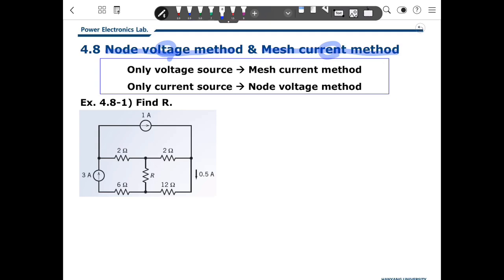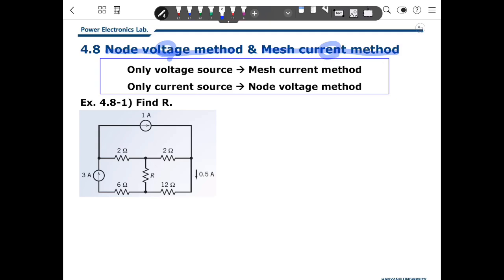Based on node voltages or mesh currents, we rewrite the element voltage and current respectively. It depends on your preference, and it's the same result whichever method you use.